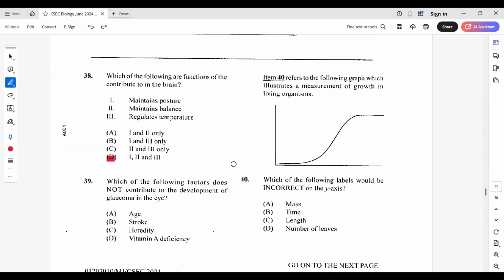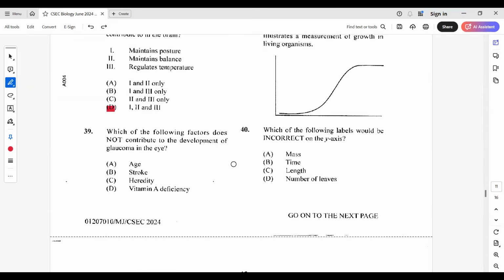Question 39. Which of the following factors does not contribute to the development of glaucoma in the eye? Age, stroke, hereditary, vitamin A deficiency. Yes, age does increase the risk, so does stroke. If your family has glaucoma, you can inherit the risk of having glaucoma.